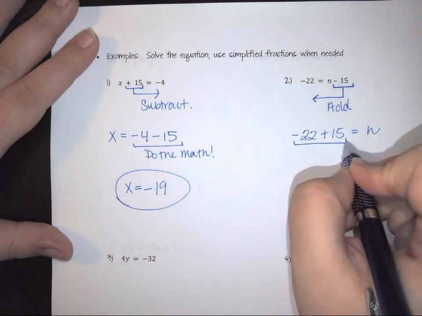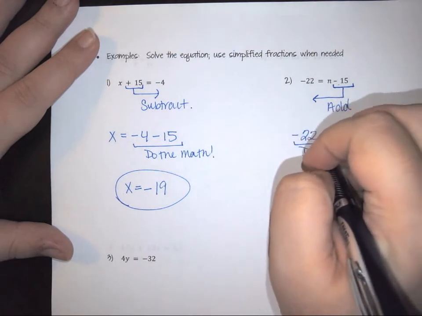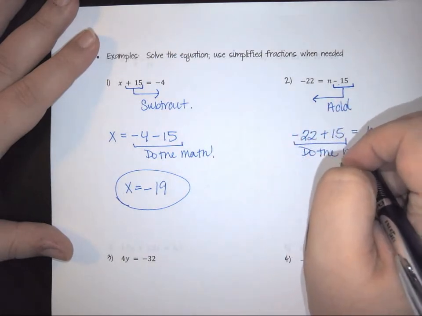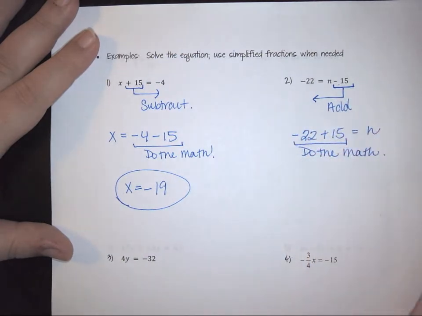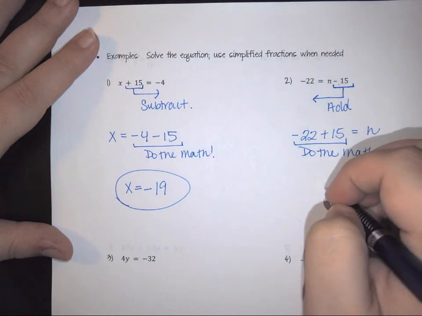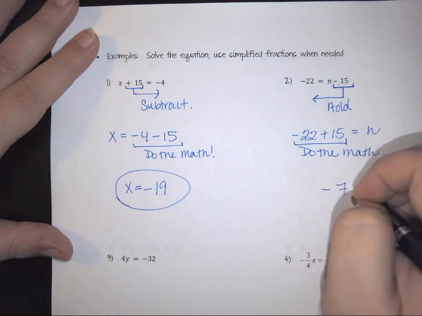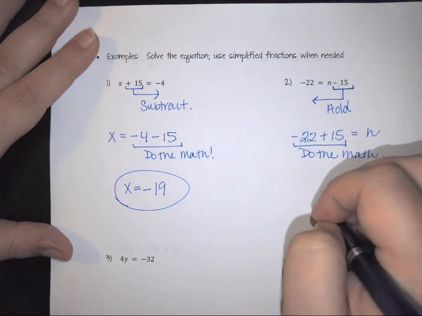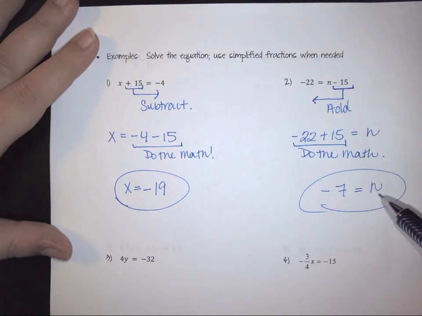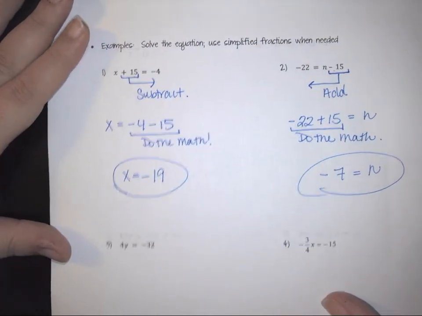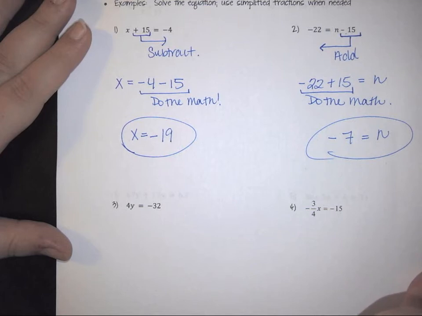Again, just like before, I have to do the math. Therefore, I've got that negative 7 is equal to n. Since my variable is all by itself, there's nothing else to do, and thus that problem is solved.